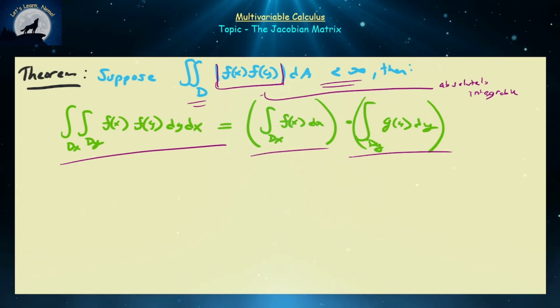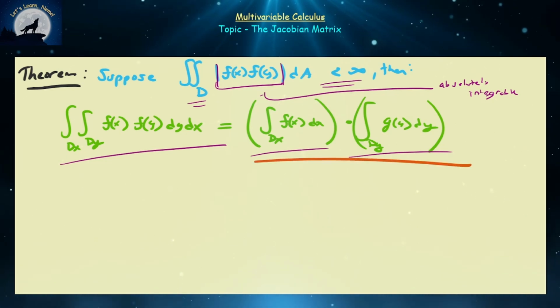What's actually going on here is, as long as this integral is well behaved, x is a constant as far as y is concerned, so you can factor out everything, including the entire integral of x, and do the y thing first and then the x thing second. So that's what we have here on the right hand side, right? But it's not always true. It has to satisfy the absolutely integrable property. So just keep that in mind. The proof of this is more for a real analysis world, so I'm not going to give it here, right? But we'll come back to it later if we need to.